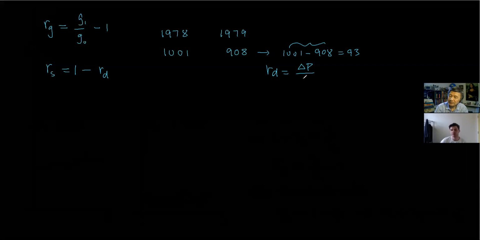It should be negative: negative delta P over G0. That will equal negative 93 over 1,001, which will be roughly negative 9%.